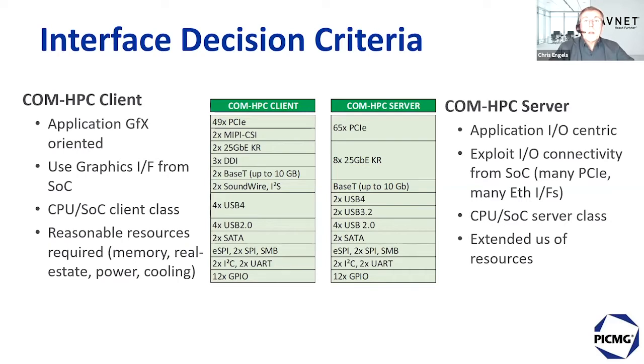Well, these designs can be quite compact. Still, it provides you a sufficient set of PCI Express and Ethernet connectivity and sufficient real estate for the performance class, which is addressed by system on chips for this kind of applications.